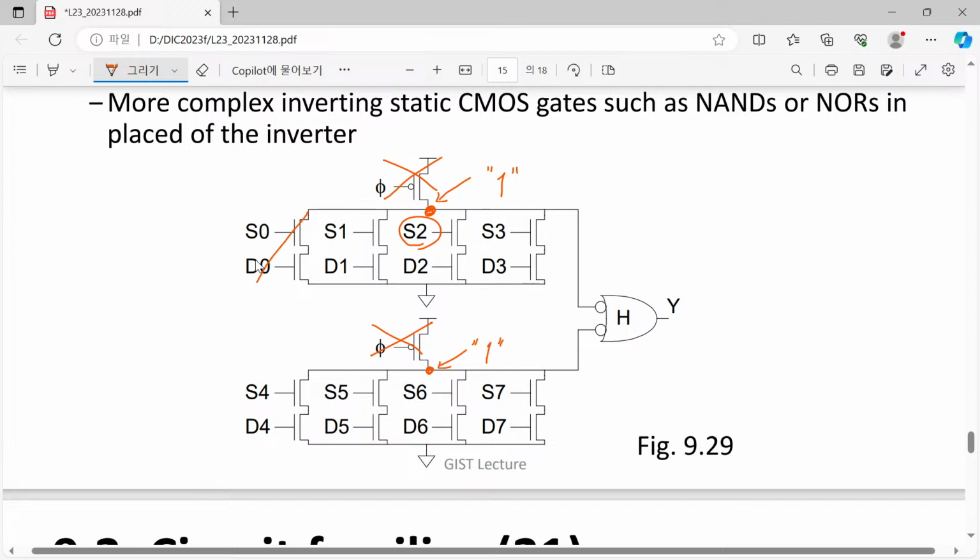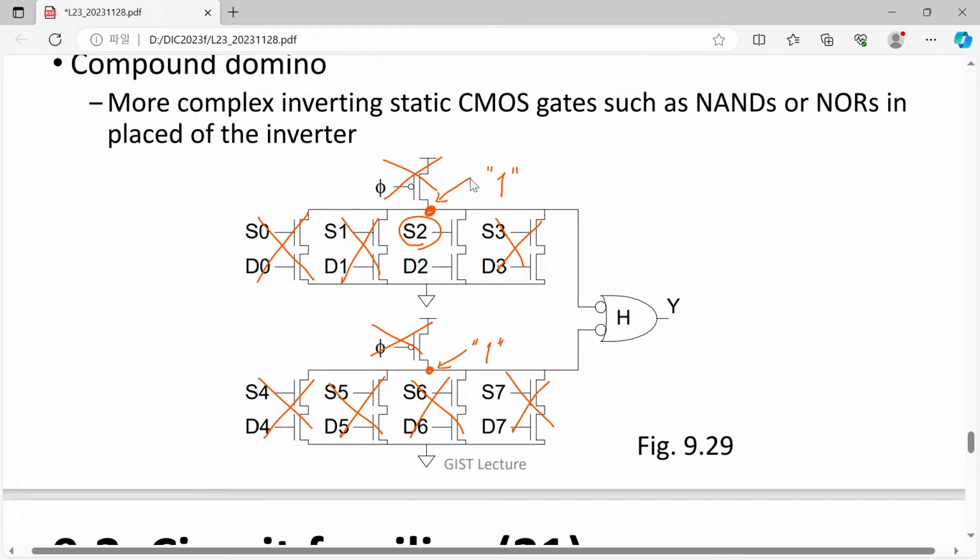So in this pull down network, all the pull down paths which have an S signal of 0 will not contribute to the discharging phase. Okay, so now let's say that S2 equals 1.